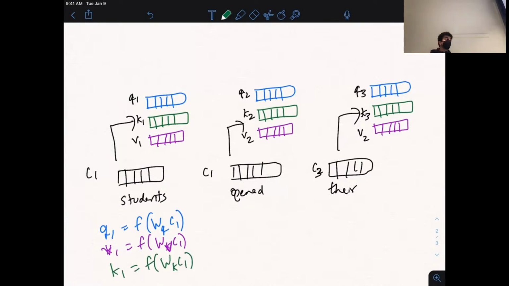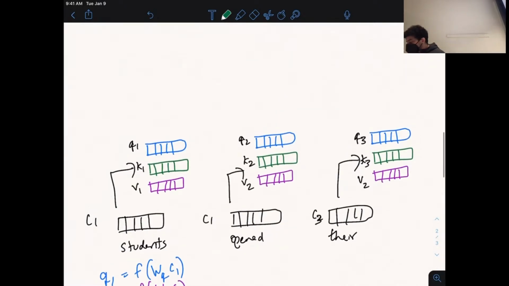So I have three weight matrices here, WQ, WK, WV. These are linear layers, feed-forward layers, that are used to project the input word embedding into three different spaces: query space, key space, and value space. And I'm going to use these query, key, and value representations now to perform attention over this sequence.